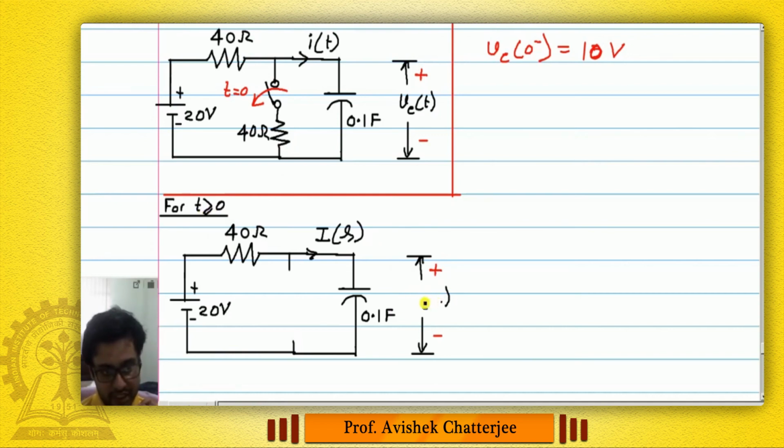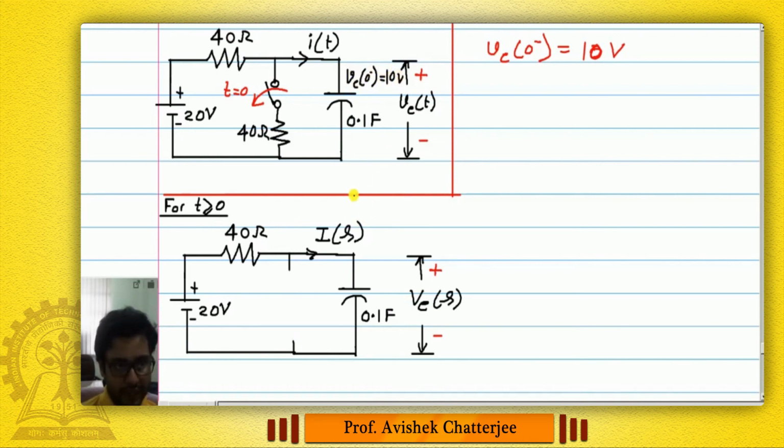And this voltage I will write as its Laplace transform Vc(s). Okay, and then this capacitor has a capacitance of 0.1 and initial voltage was Vc(0-) equal to 10 volt.